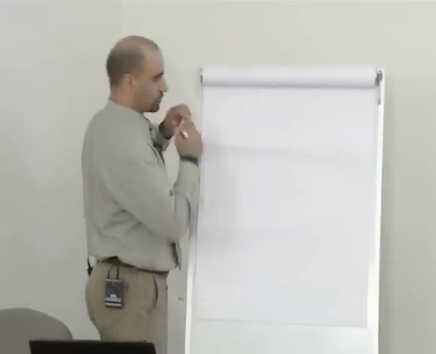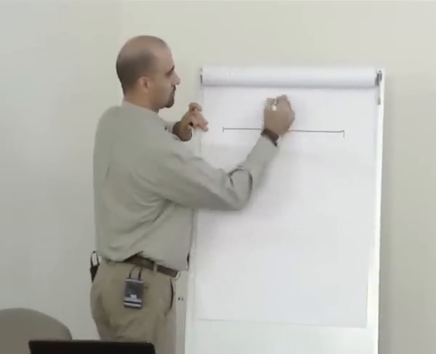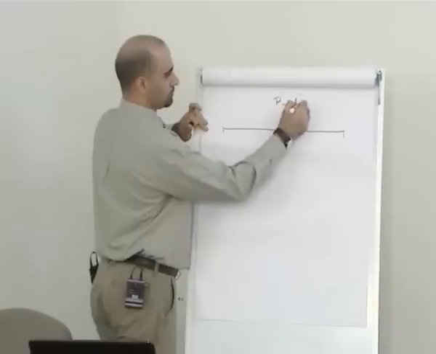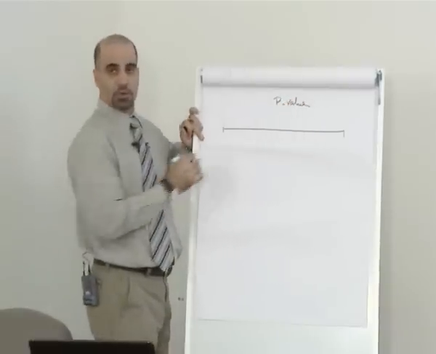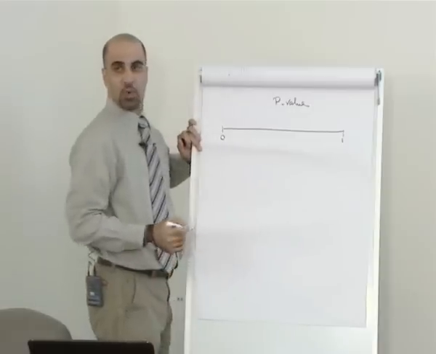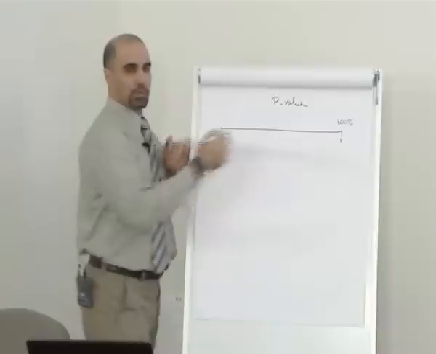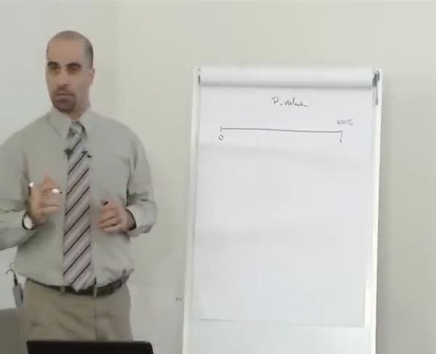Usually, this is a p-value. A p-value ranges between 0 and 1. What does 1 mean? As if I'm telling you 100%. But we reflected from 0 to 1.